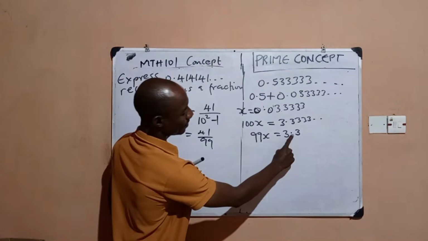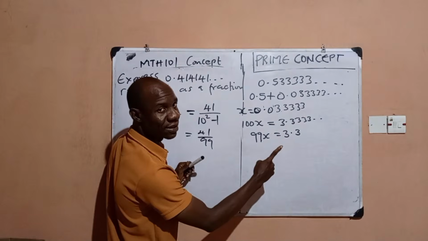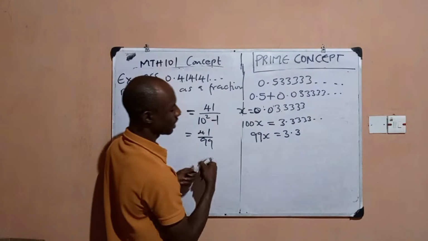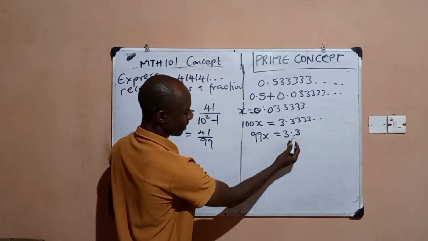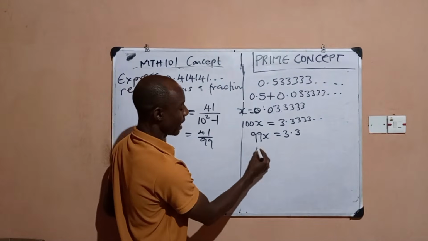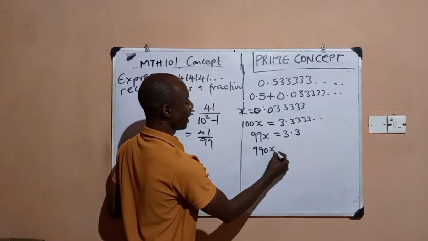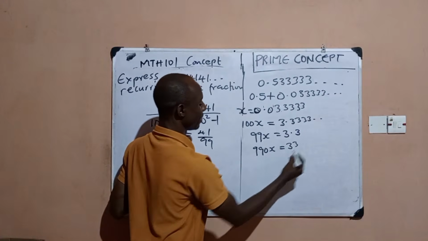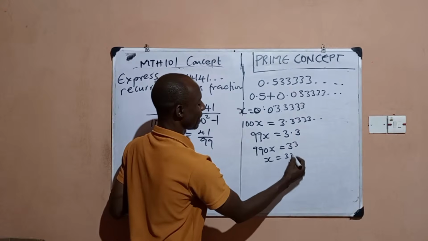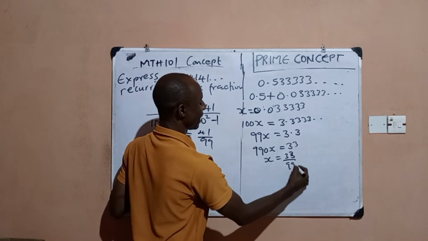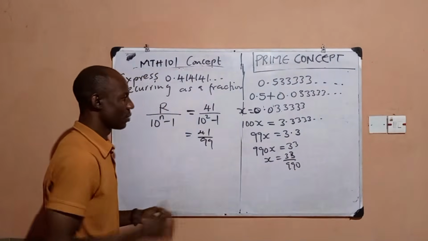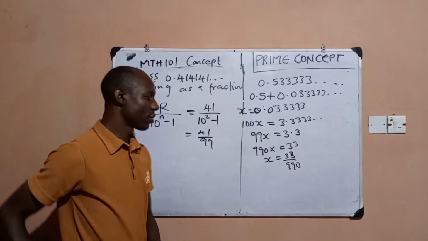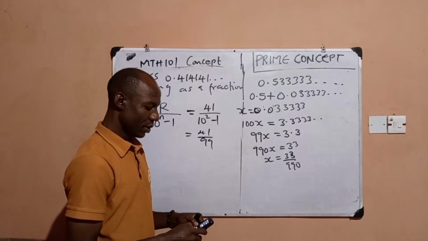Of course, I still have a decimal. If I want to remove the decimal, I need to multiply both sides by 10 again. So I have 990x, and on the other side I have 33. So x becomes 33 over 990. That is what I have.